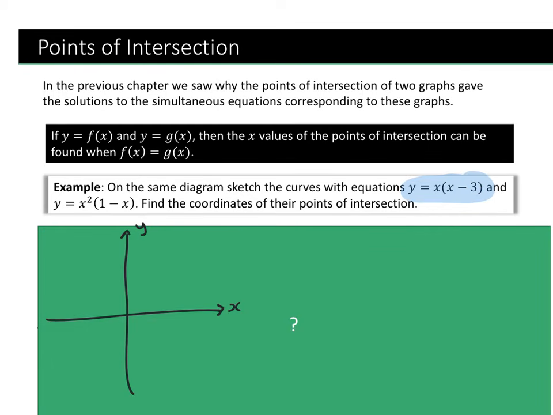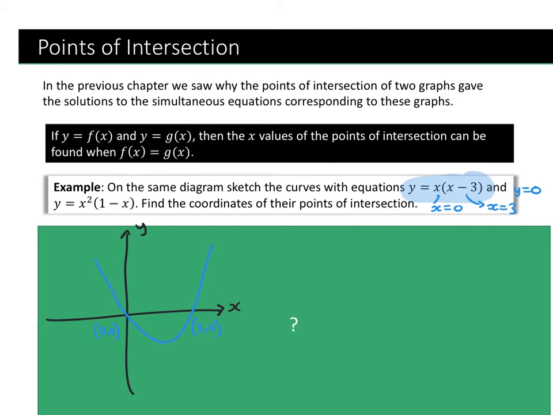So this one is a quadratic. My roots are x equals 0, x equals 3, and my y-intercept is 0. So we should be fairly confident that this is just going to look like this. And I have 3, 0, and this is 0, 0. Perfect.